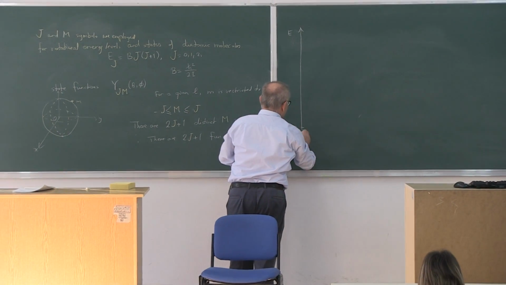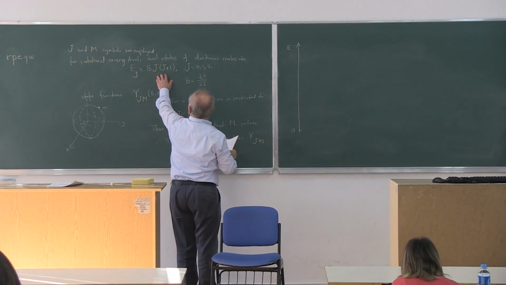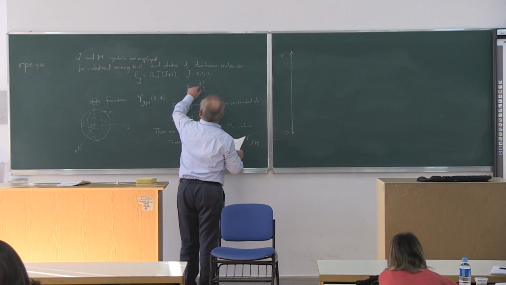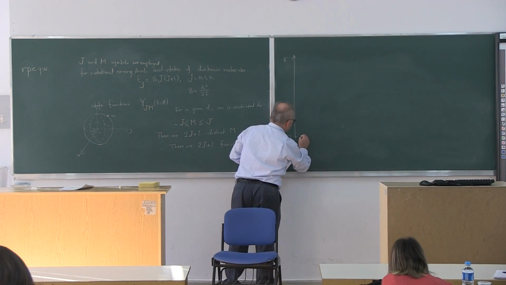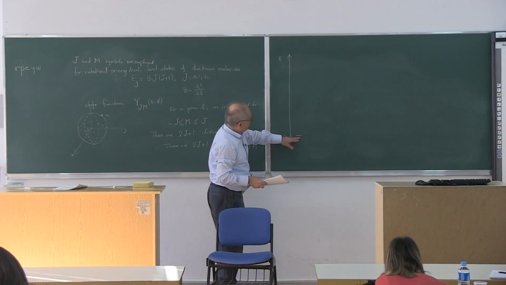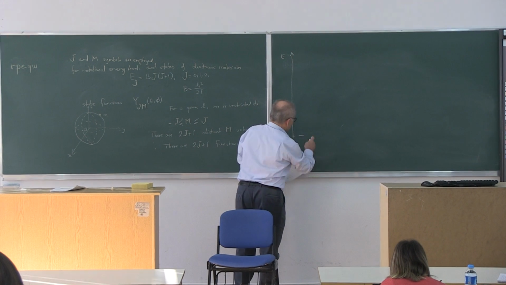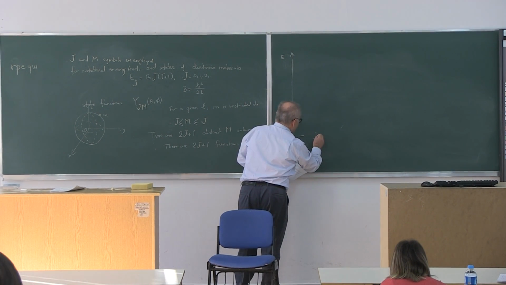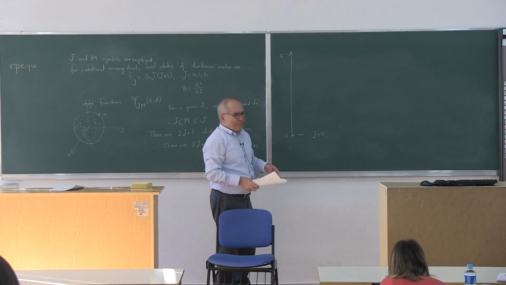Zero is here. Now, according to our expression, the lowest energy is for J equals 0. So there is an energy level at 0, which we indicate by this expression. This is for J equals 0.